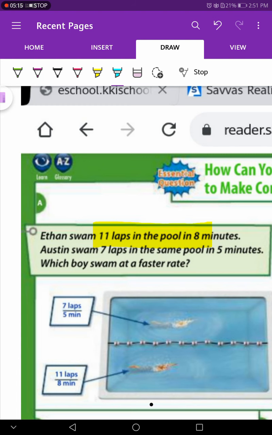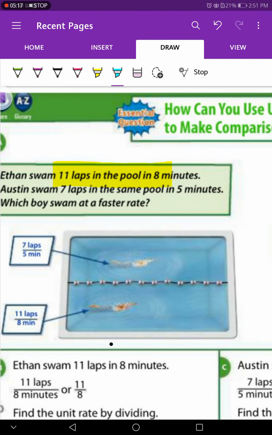You take the first rate and write it as a unit rate. So the first rate is 11 over 8. And what are the units or the quantities? It is laps and minutes.